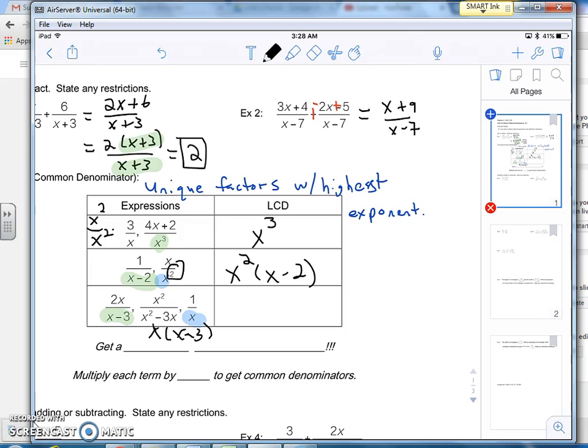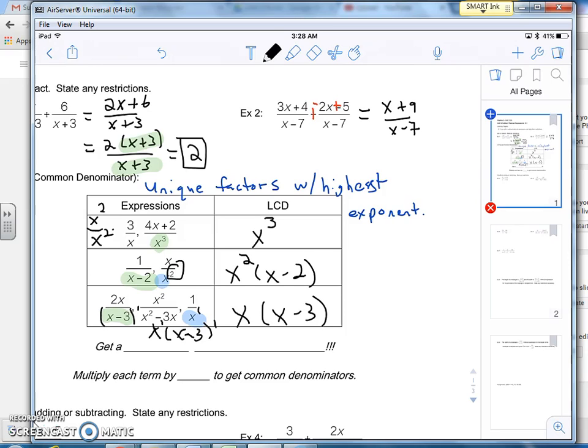I want to show each factor once, but show it with its highest exponent that's present. So the x factor is there, and then the other factor is x minus 3, and they're all to the power of 1. So this first one is x minus 3 to the first. The second one has x to the first, x minus 3 to the first. The last thing is just x to the first. So the unique factors are x and x minus 3. Their highest powers are 1.